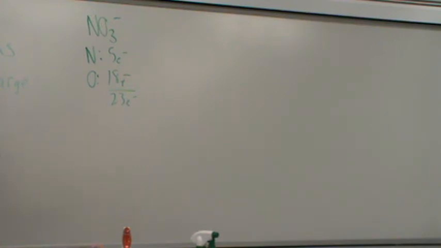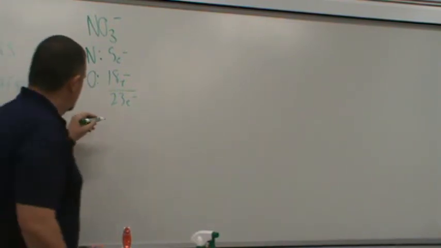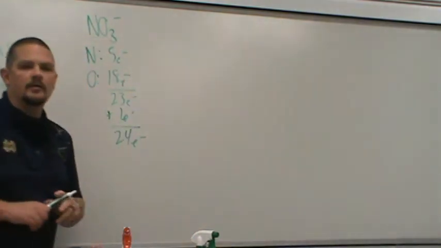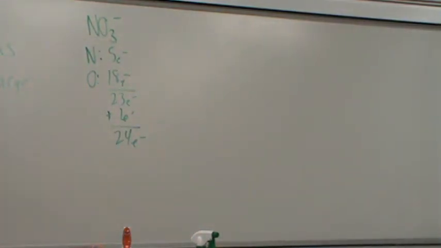And what kind of charge do electrons have? Negative. So in this case, we're going to add in one more electron to it. All right, so for this one, we have 24 electrons to work with. Go ahead and figure out what the Lewis structure is going to be.